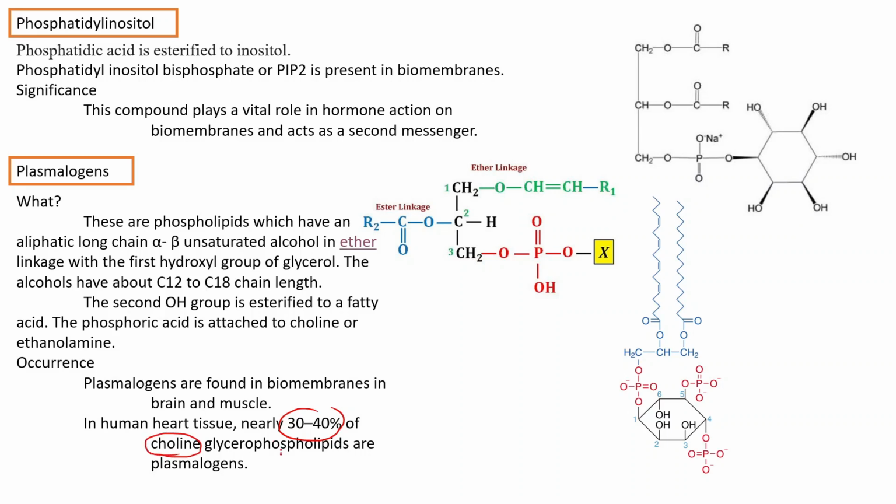Choline attached plasmalogen. As it is attached with choline, in an expanded way, we can call this plasmalogen a choline glycerophospholipid. We know that phospholipid and glycerol will be there, and here instead of ethanolamine, choline is attached. So that type of plasmalogen is present in the human heart tissue up to what percentage? 30 to 40 percent.